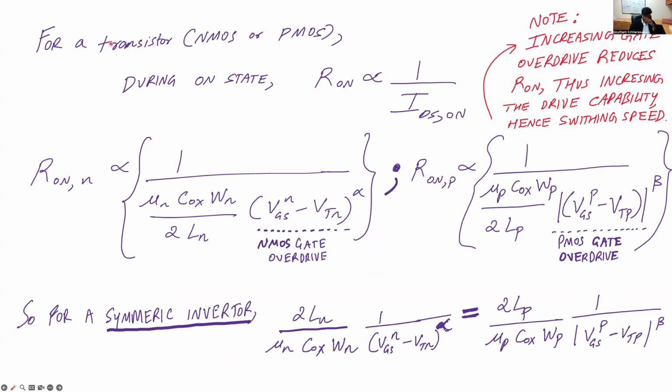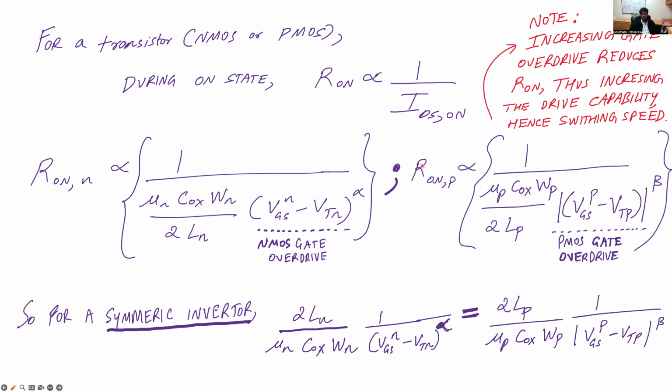Now, during the on state of the transistor, we can show from device physics that the on resistance of the transistor is inversely proportional to the current between the source and drain region. And therefore, the on resistance is proportional to, and here I've written the expression for the current between the source and drain when the transistor is switched on, which we discussed earlier, 1 over mu n C ox Wn over 2 Ln times the gate overdrive of the NMOS.